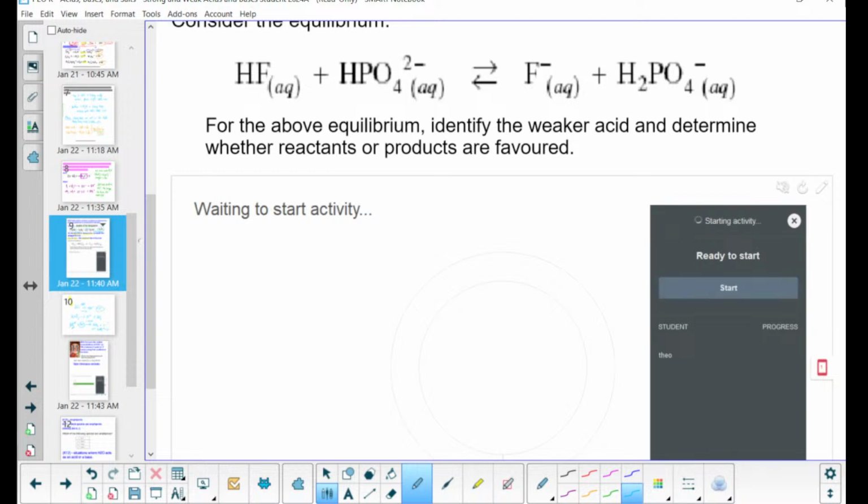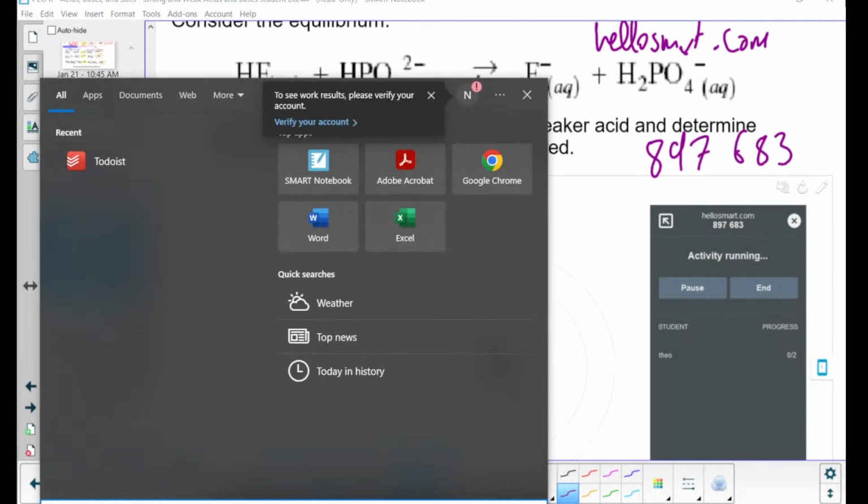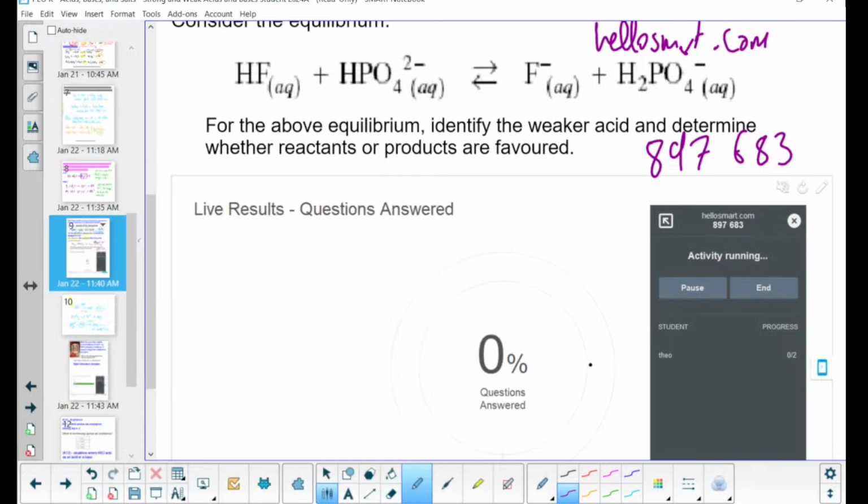Put on the Kahoot music again. What is this thing called? Go. HelloSmart.com. Code is 897683. And some of those questions we never even talked about. What's it called? Hello Smart?